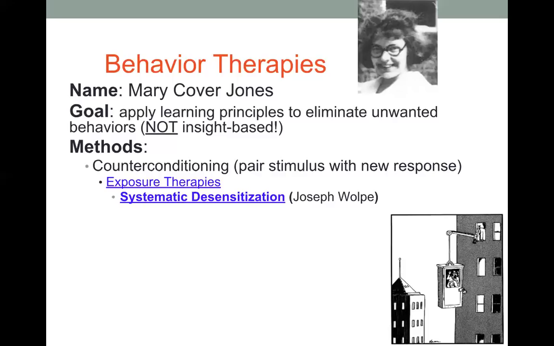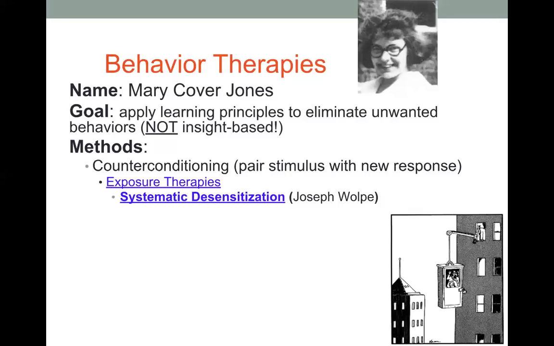So you first have the client make a list of all the things about dogs that make them nervous, and you rank them from most anxiety provoking down to the least. We call that an anxiety hierarchy, because you're sorting these things in terms of their severity.